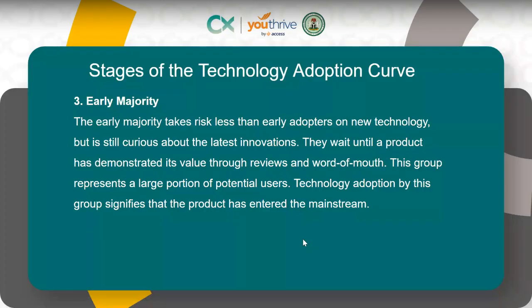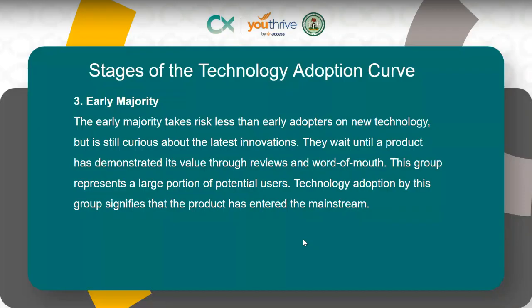Okay. So this group of people represents a large portion of potential customers, and this is how the majority of people are. Technology adopters in this group signify the product has entered the mainstream. If your product has been able to cover their major concern, which is getting reviews and having people talking about the product, it's easy for you to get early majorities.